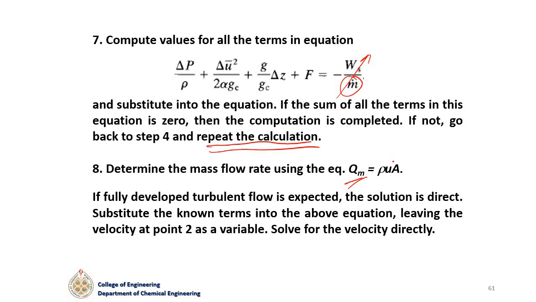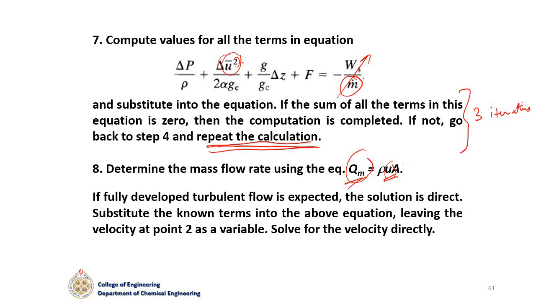Why? Because you calculate the new U, which is QM over rho A, and this new velocity may be different from your assumed velocity. So you need to repeat the calculation until your new velocity is very close to your assumed velocity. By that, you substitute the velocity to find the value of QM. That could be an iteration of like 3 iterations, depending on your initial guess.